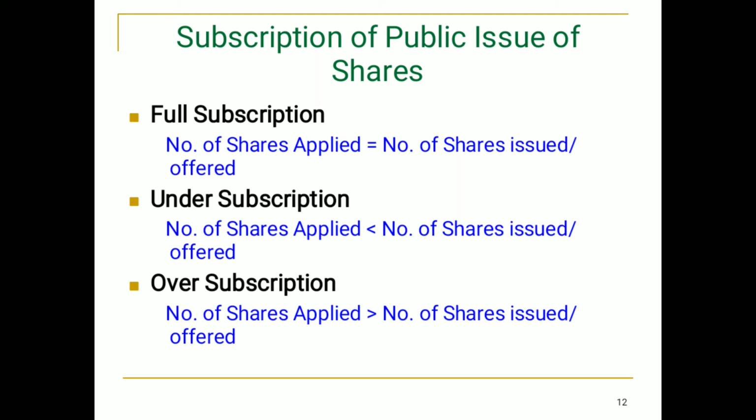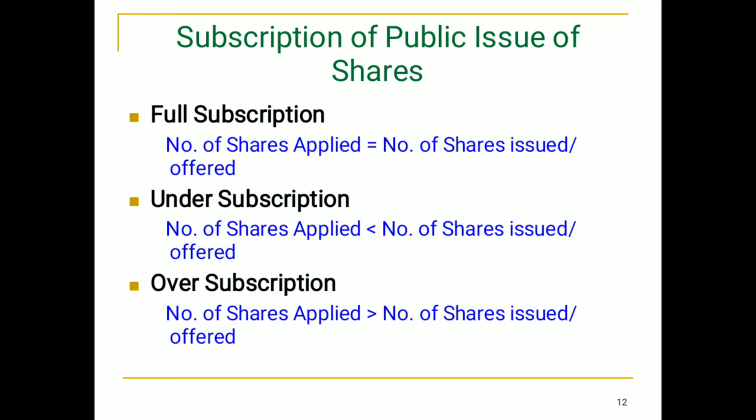Then comes over subscription. Number of shares applied is more than number of shares issued. Consider the same example in an opposite manner. I have issued 30,000 shares and the applications that I have received are 40,000. That means it is over subscription.